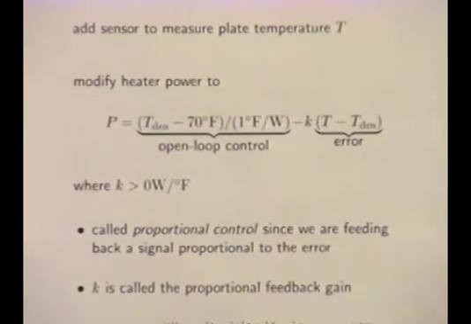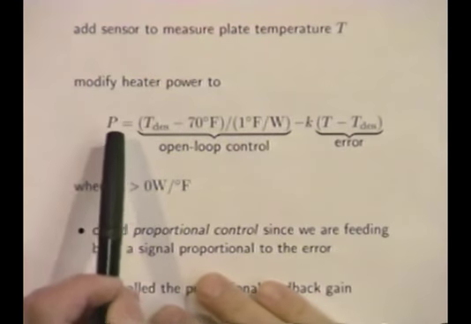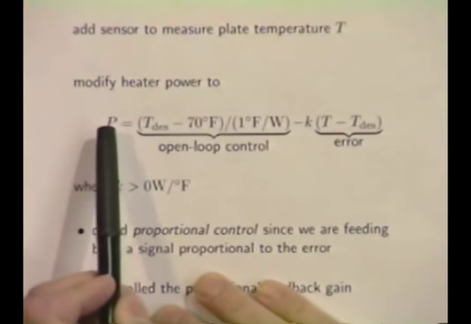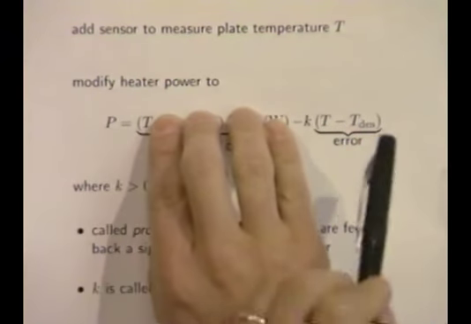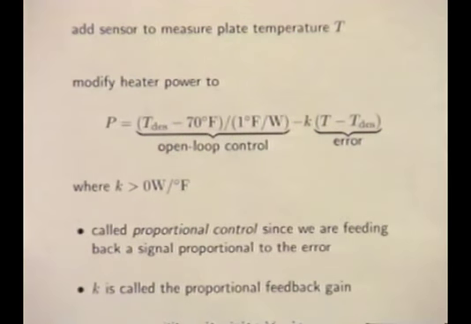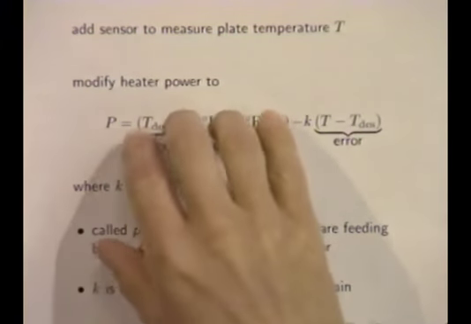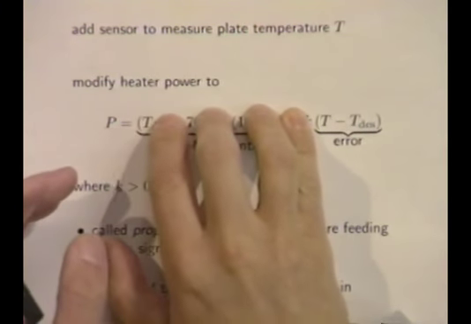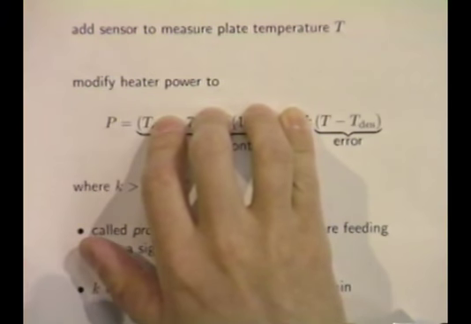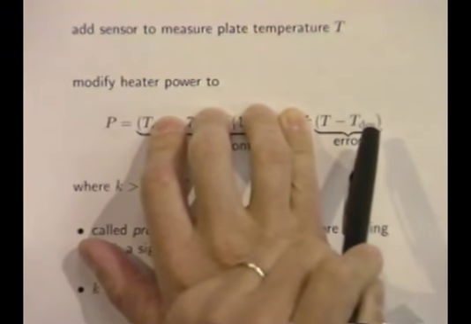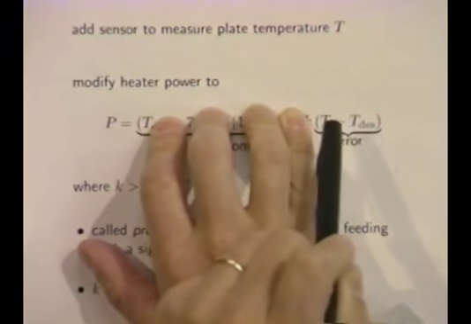This is called proportional feedback because we're actually modifying the power we send by a term which is proportional to the error. Now, we can figure out what the sign of k ought to be really simply. If the plate is too hot for any reason, that means T minus T desired here is positive.